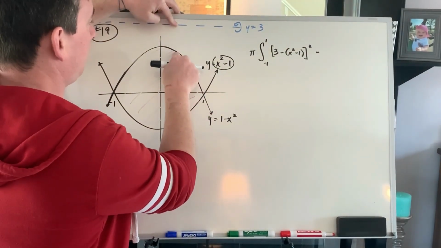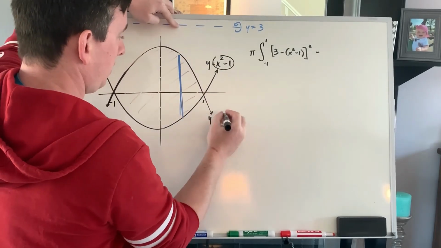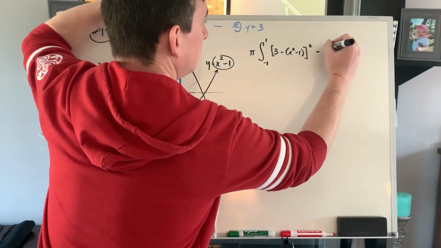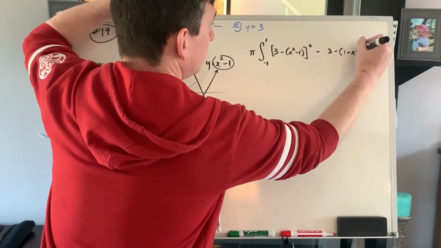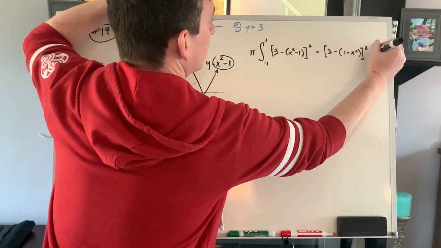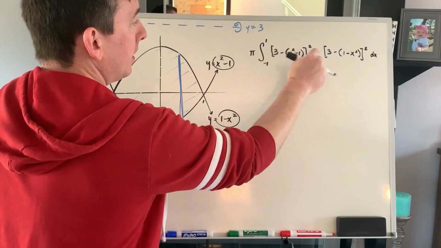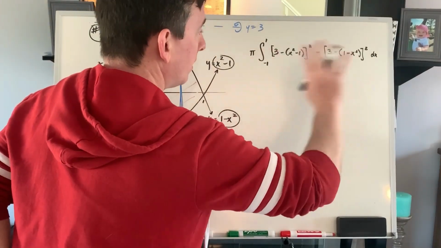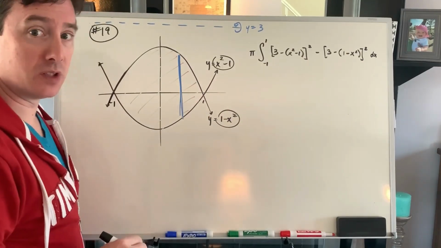And then minus the smaller radius, 3 minus that function, and square that whole thing. So you can see this thing's getting ugly. So we've got pi, big R squared minus pi, little r squared. Everything's set up well. We just have a whole lot of algebra to do at this point.